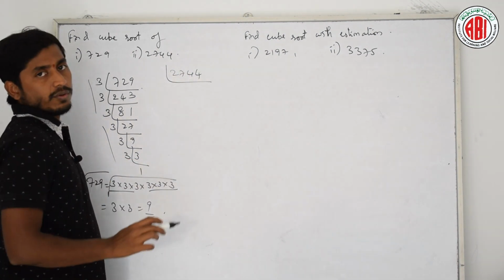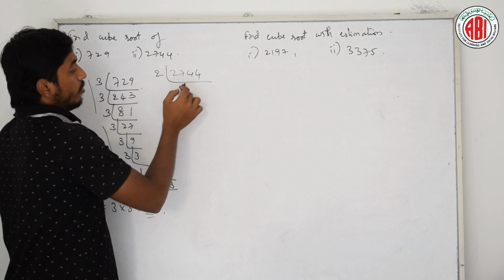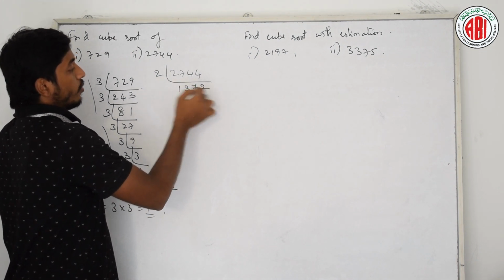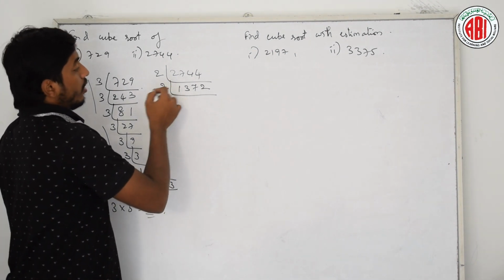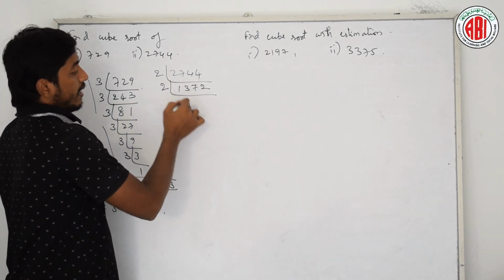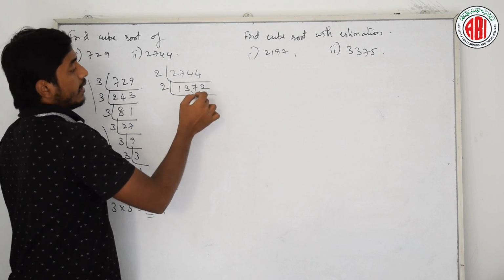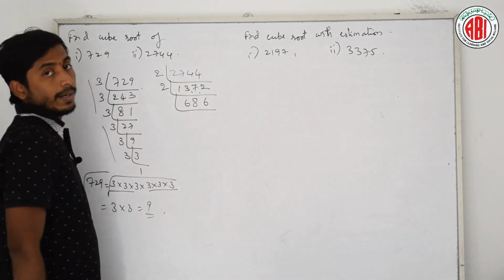Similarly, let us find the cube root of 2744. In which table does it go? Obviously the 2 table. 2 1s are 2, 2 3s are 6, 2 7s are 14 and 2 2s are 4. 1372, again the 2 table. 2 6s are 12, 2 8s are 16, and the next 2 6s are 12.